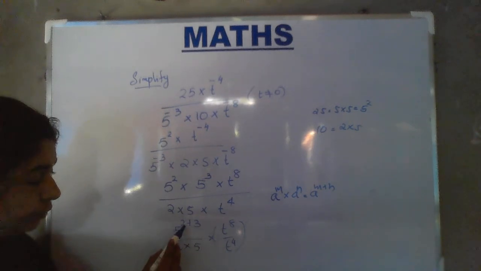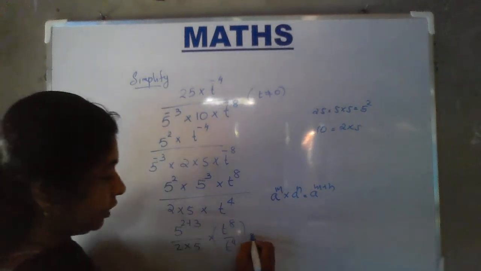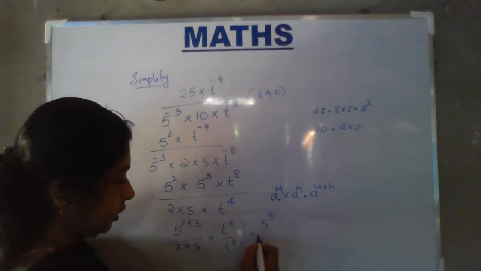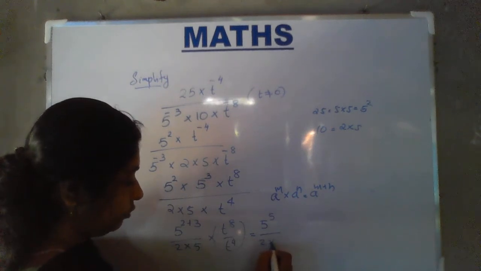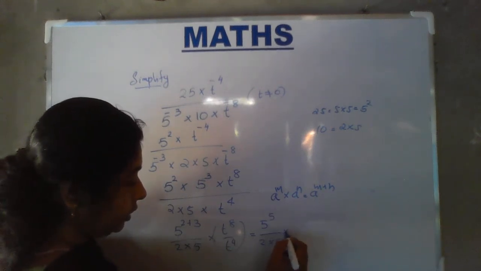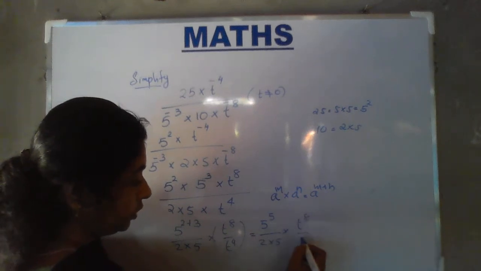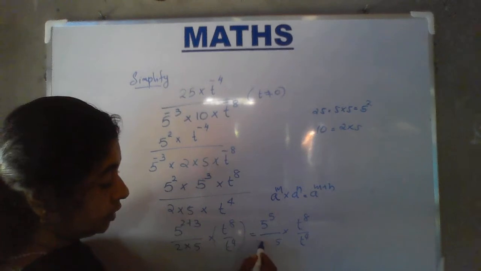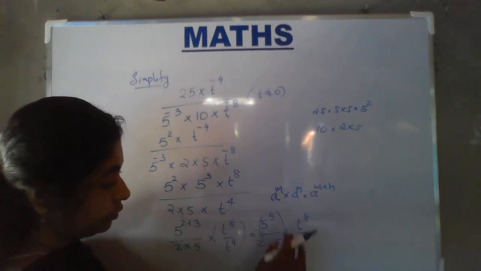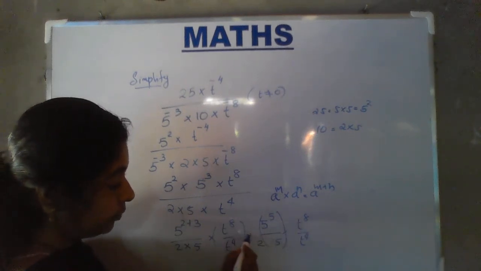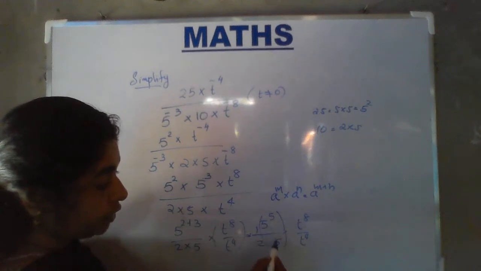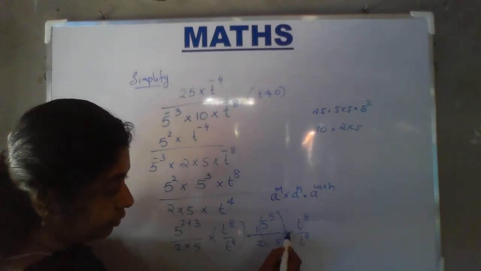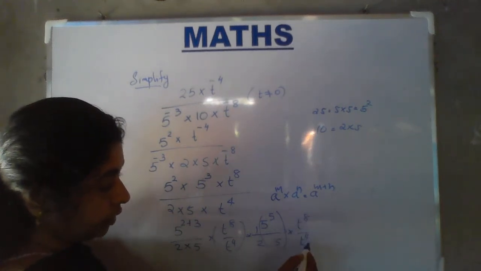Here 5 raised to 2 plus 3 is 5 raised to 5, by 2 into 5, and t raised to 8 by t raised to 4. Now we are combining this as 1 by 2 into 5 raised to 5 by 5 into t raised to 8 by t raised to 4.